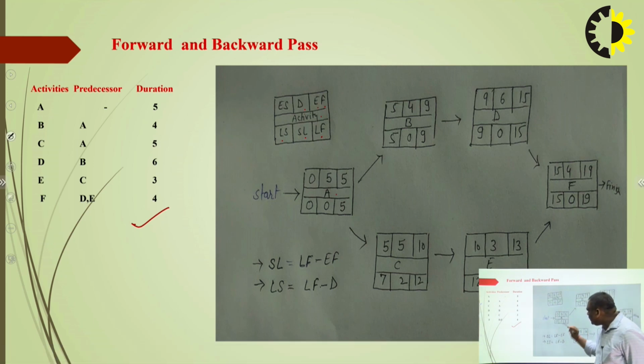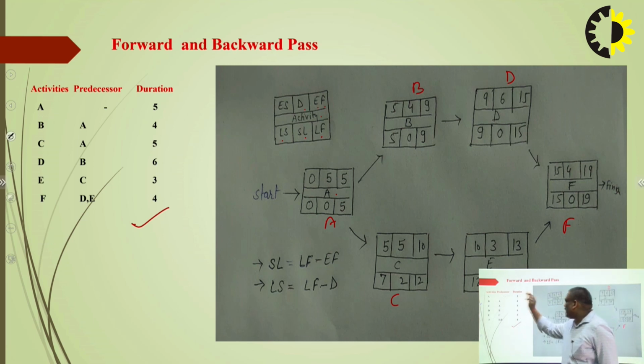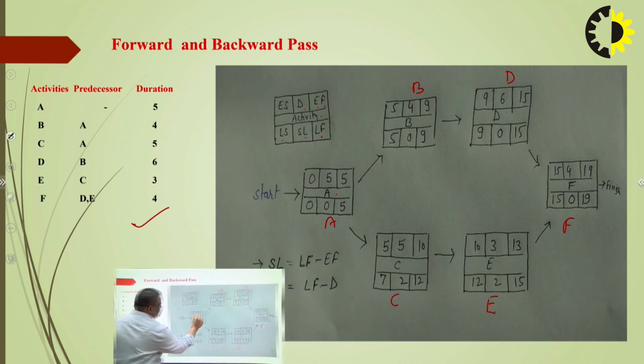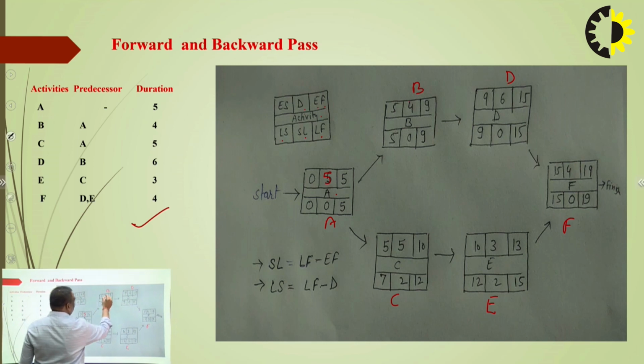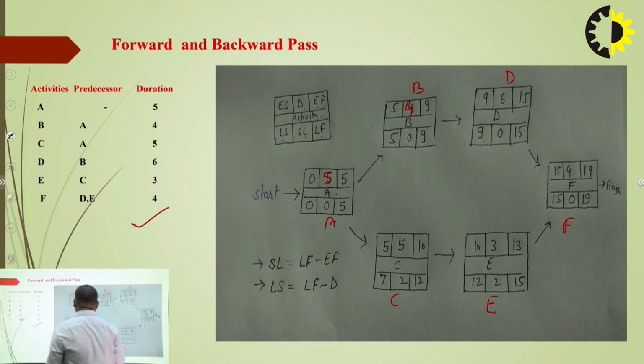A is an activity; we construct it so that we have A, B, C, D, E and F. Start with A, because A has no predecessors, and its duration is 5. We fill in the duration for each activity: 5, then 4, then C has 5, then D 6, E 3 and F 4.